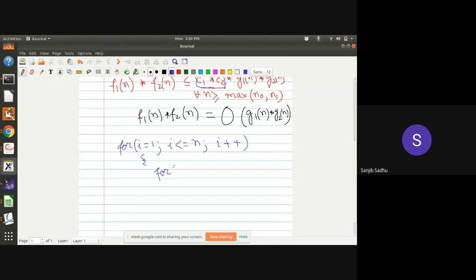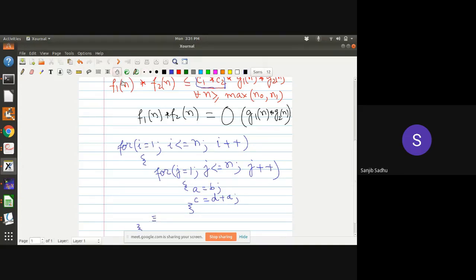Another loop is there. Say here you have written, suppose, a equal to b, c equal to d plus a, like this. There are some statements. Similarly, there may be some statements that take a constant amount of time.